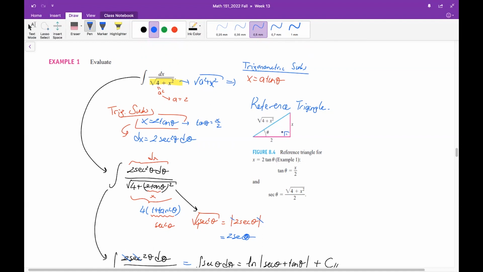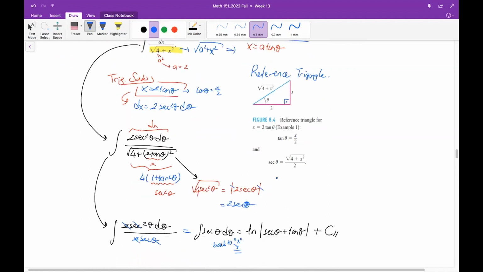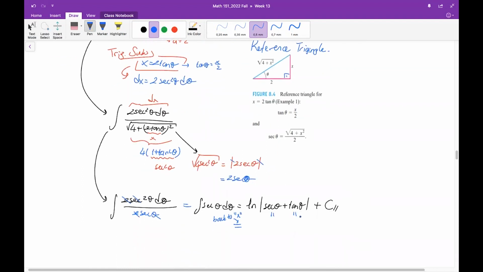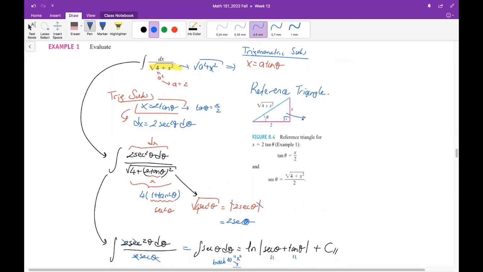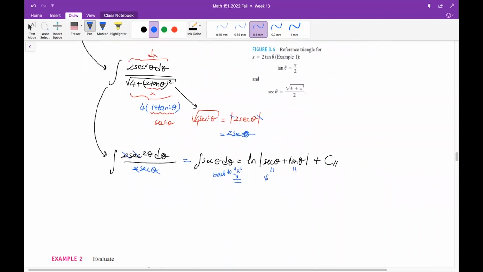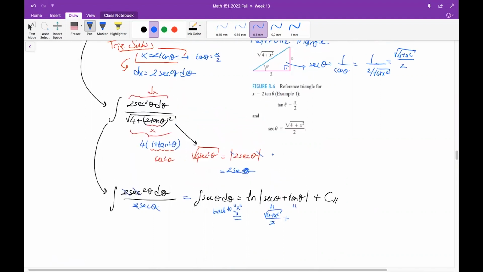That's why from this reference triangle, you can easily read secant theta and tangent theta. What is secant theta here? Secant theta is in fact 1 over cosine theta. So 1 over, what is cosine theta? It is 2 over the hypotenuse, right? So secant theta is square root of 4 plus x squared over 2, plus what is tangent theta?